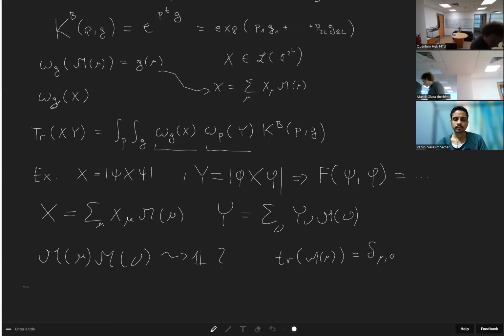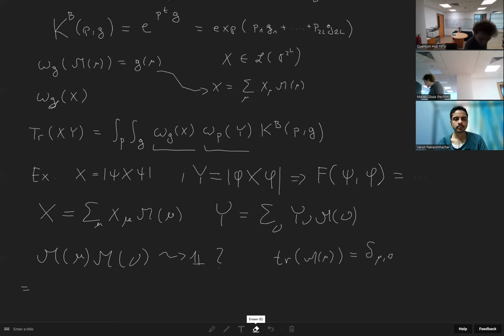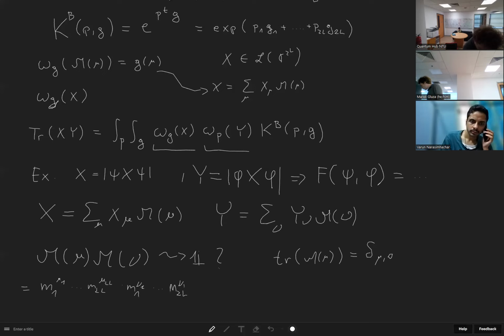So we can multiply them together: m1 to the power mu1, dot dot dot, m2l to the power mu2l, and then times m1 to the power nu1, dot dot dot, m2l to the power nu2l.